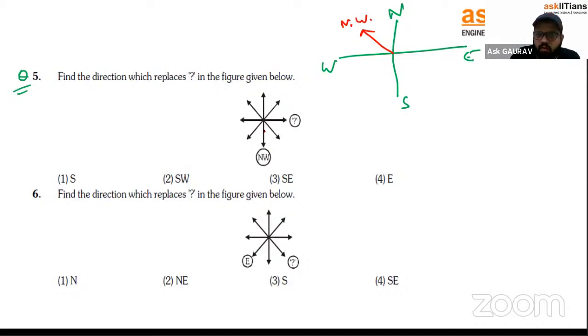If you move anti-clockwise 90 degrees, you will reach southwest. So the question mark will be southwest. Is that clear?